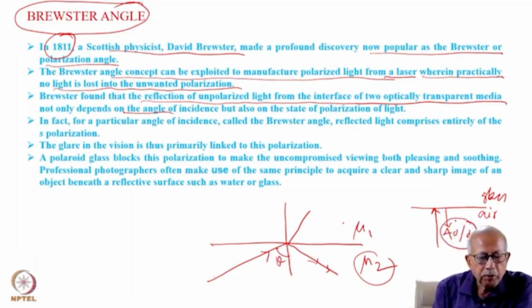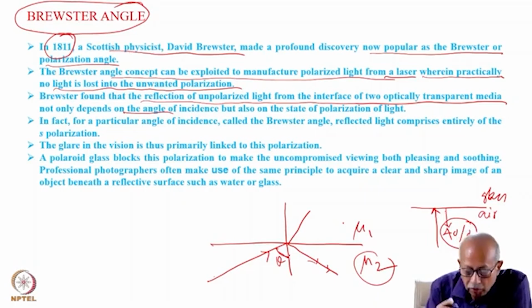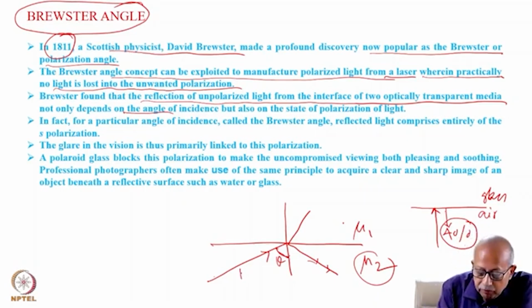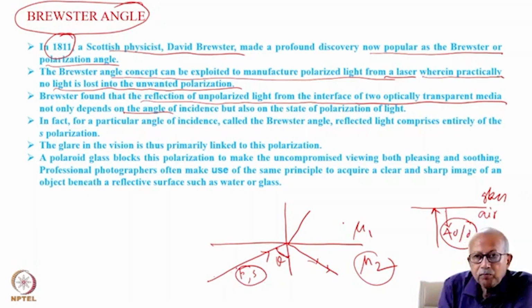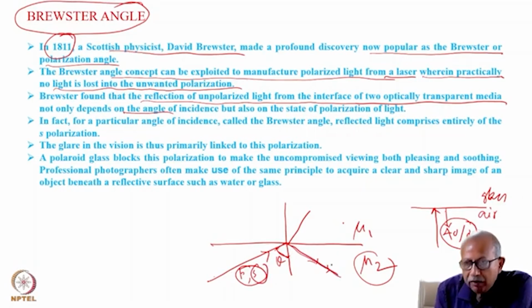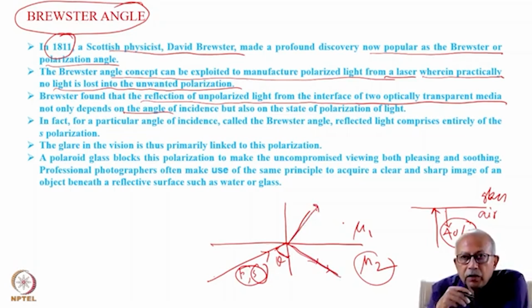But Brewster found that this reflection not only depends on the angle of incidence, it also depends on the state of polarization, whether this light is P polarized or S polarized. He also found that generally the S polarization, that is perpendicular polarization, undergoes higher reflection and P polarization undergoes higher refraction.